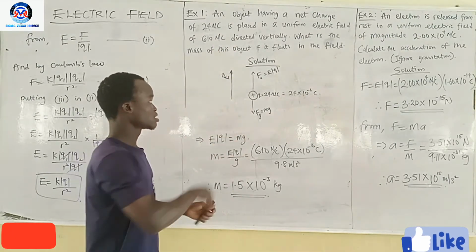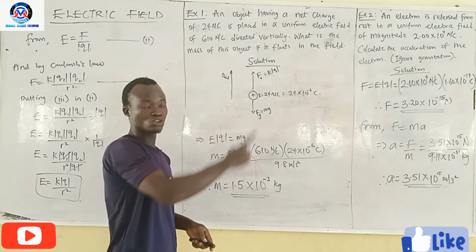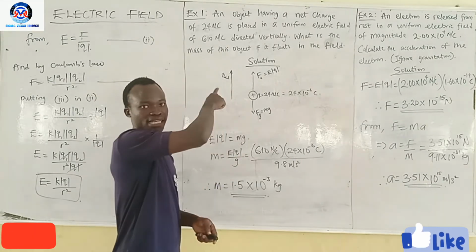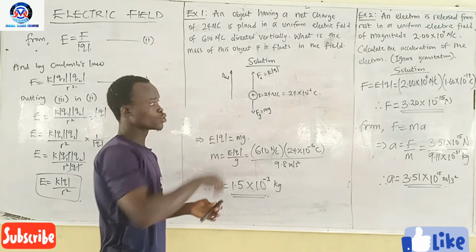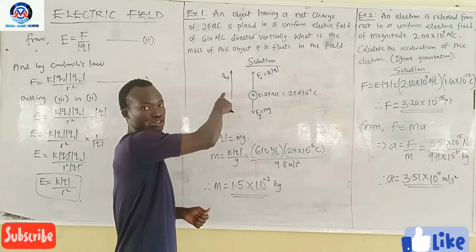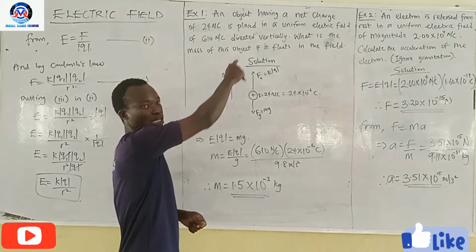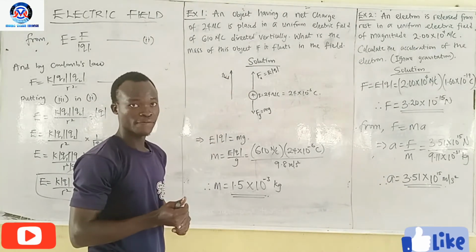Since this body is a positive charge, it will tend to move in the same direction as the electric field. So the force on this charge due to this electric field will move this charge in the same direction as the field.